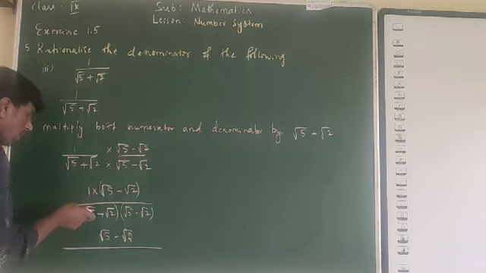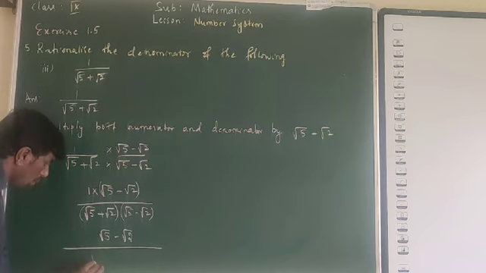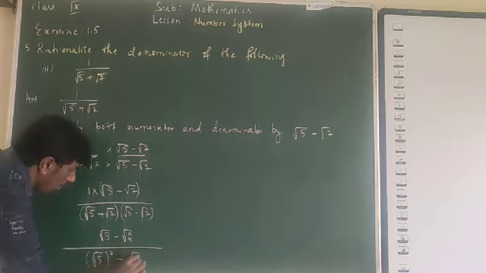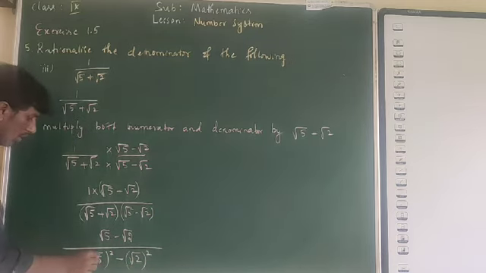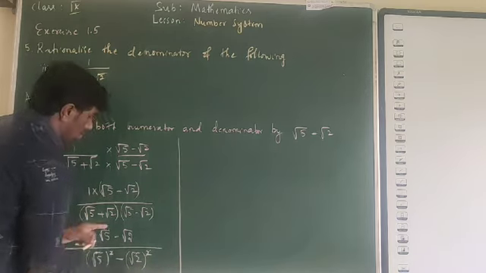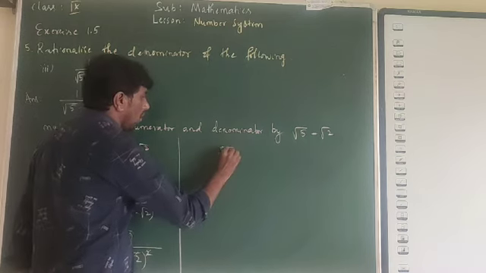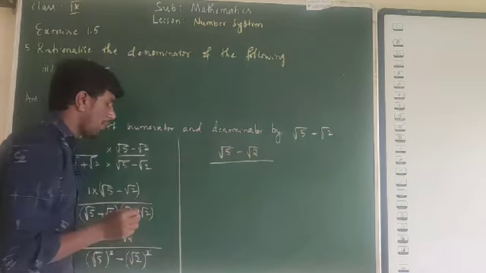That means in the place of a we have root 5, and in the place of b we have root 2. That means root 5 whole squared minus root 2 whole squared. Again, square and square root will get cancelled. Clear? So in the numerator we have root 5 minus root 2.